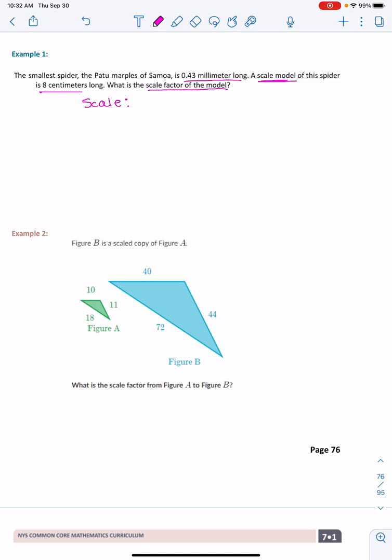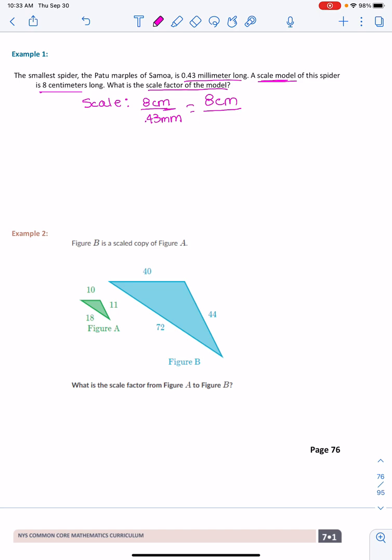So the scale is 8 centimeters over the actual, which is 0.43 millimeters. So I have to change it to the same units of measure. I would have 8 centimeters.